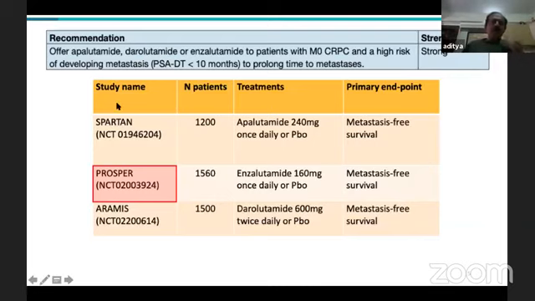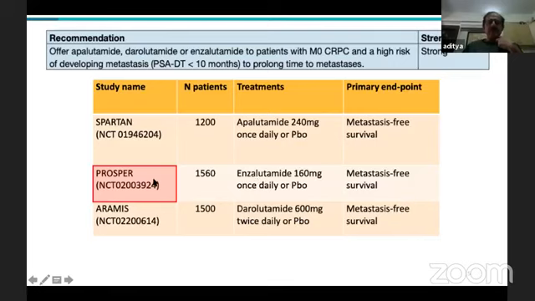In India, we have got only enzalutamide. There are other drugs also which have been approved in this setting, which is apalutamide and darolutamide also. But these are not commonly available. In fact, darolutamide is not available at all. Apalutamide is very, very sparse. So for all practical purposes, we have got enzalutamide.